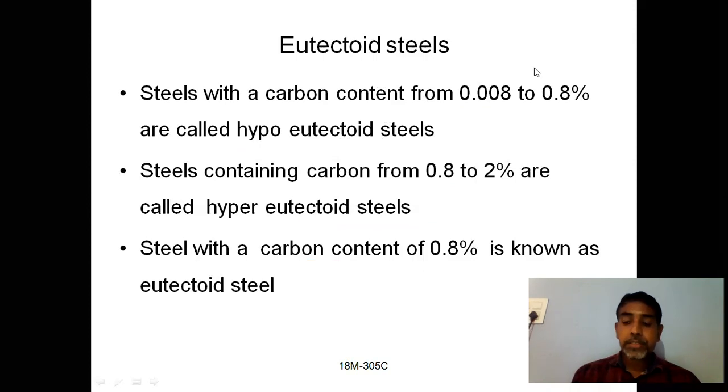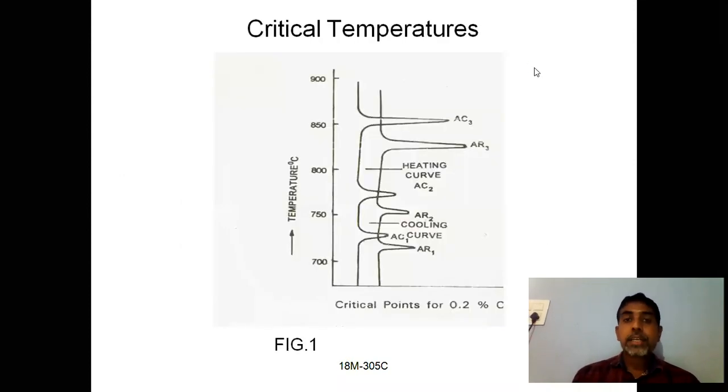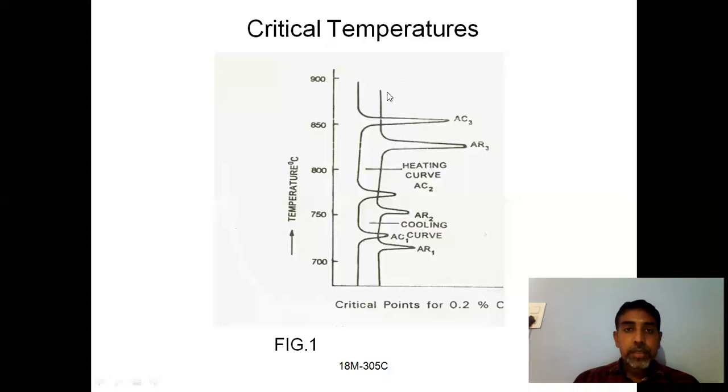If you go to the next slide, next we are entering into the critical temperatures. What is meant by critical temperatures and what is their significance, we are going to learn here. Observe the curve carefully.